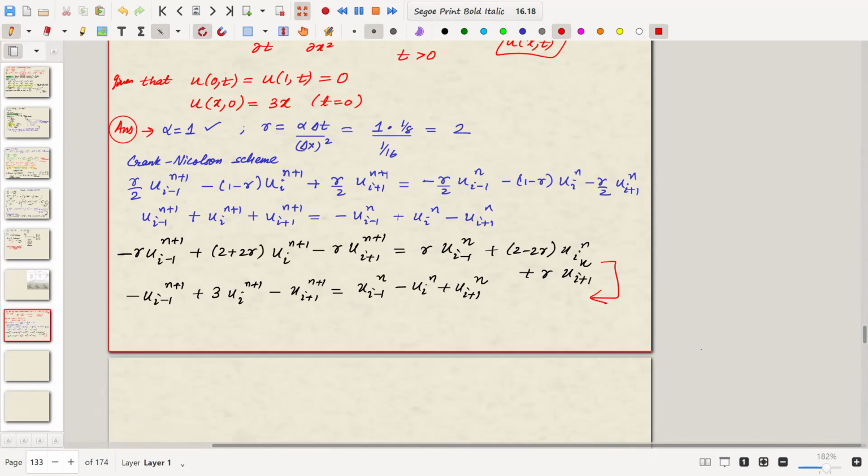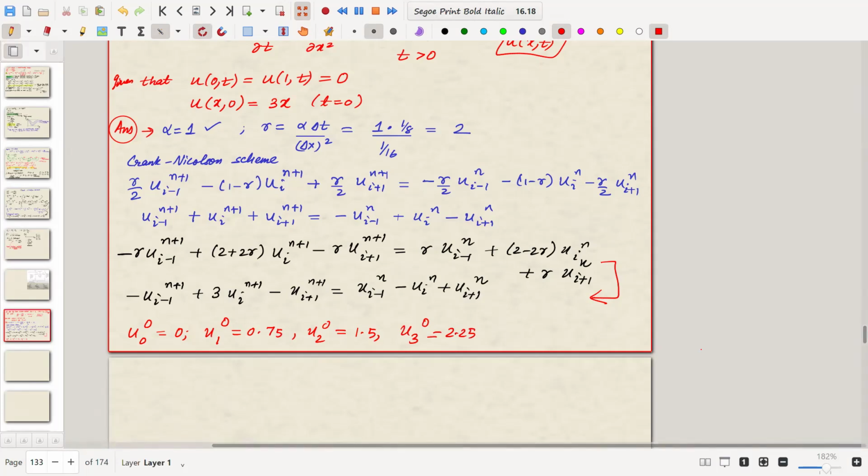And you know already that u00, that is i equal to 0, n equal to 0 time step, is equal to 0. u10 is equal to 0.75. u20 is equal to 1.5. u30 is 2.25.